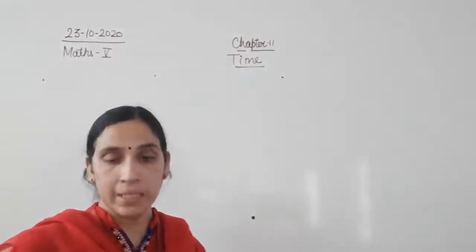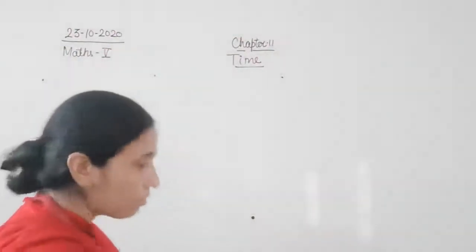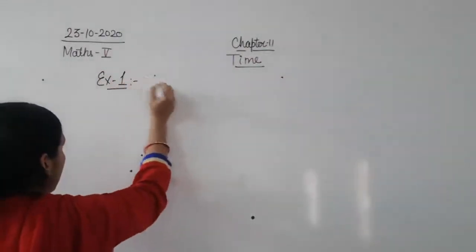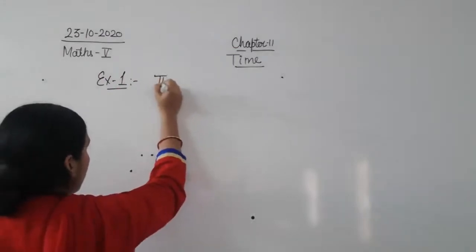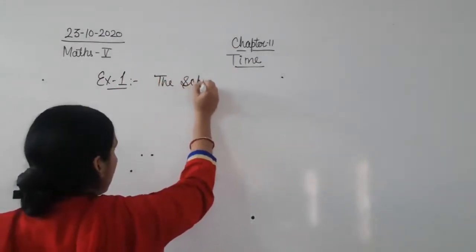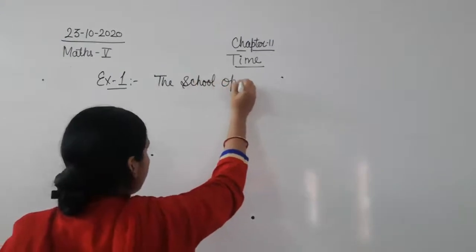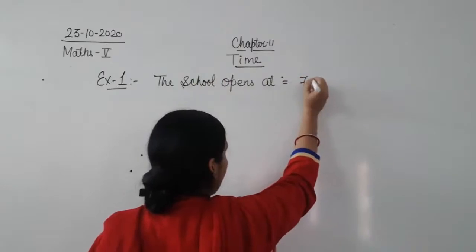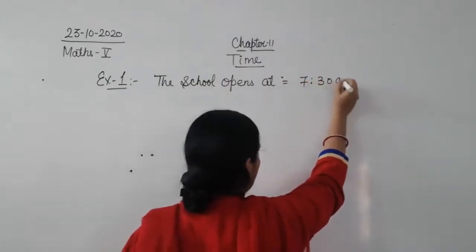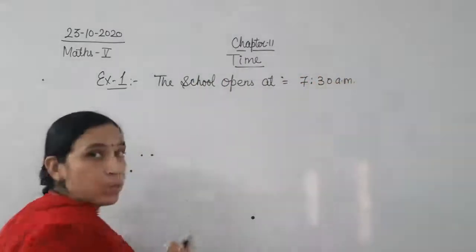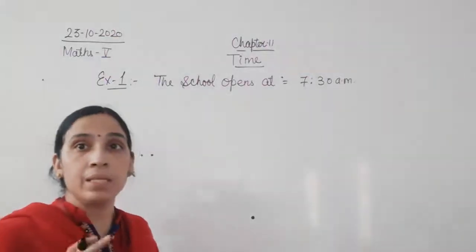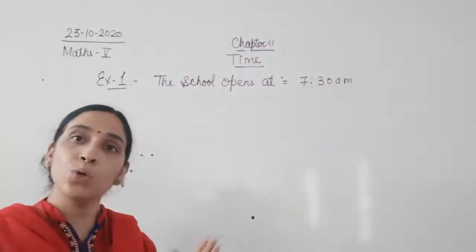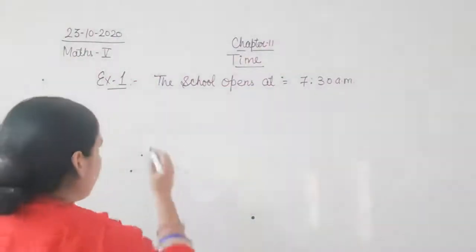The question is that the school opens at 7:30 AM. Now this time, 7:30 AM, is in 12-hour format. Now what next? The school closes at 2:15 PM.